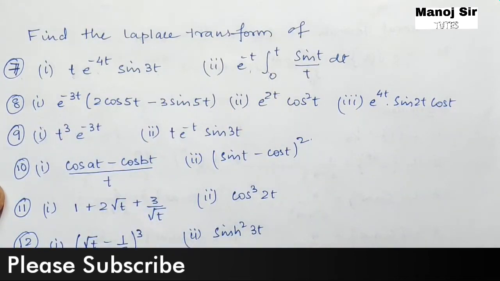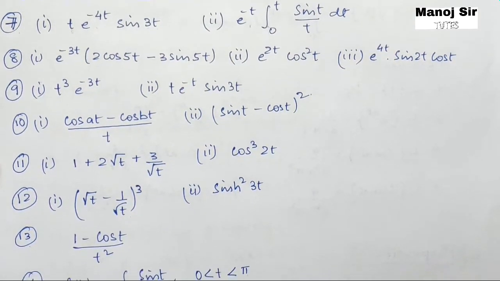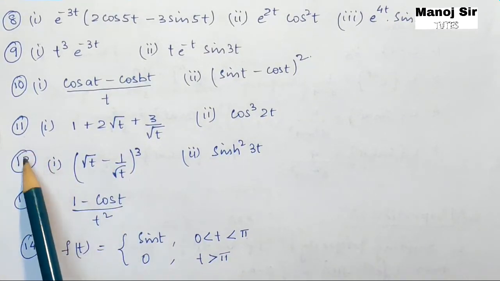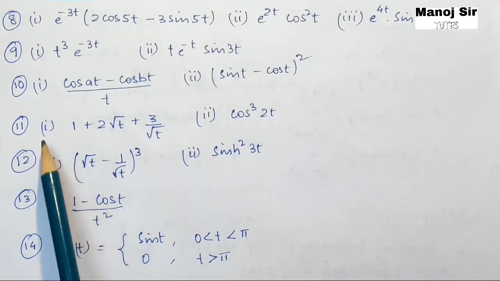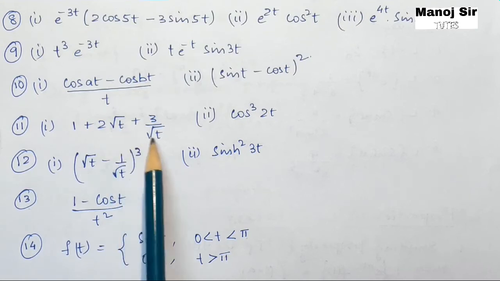If you ask me which problems are the most important from this topic, I should say you should go for the 11th, 12th and 13th videos. In video number 11 and video number 12 you will find this root over t part.